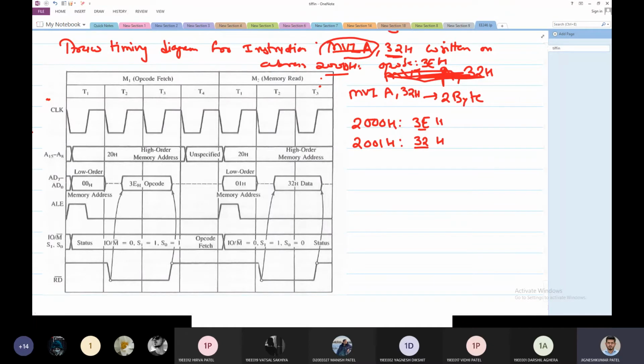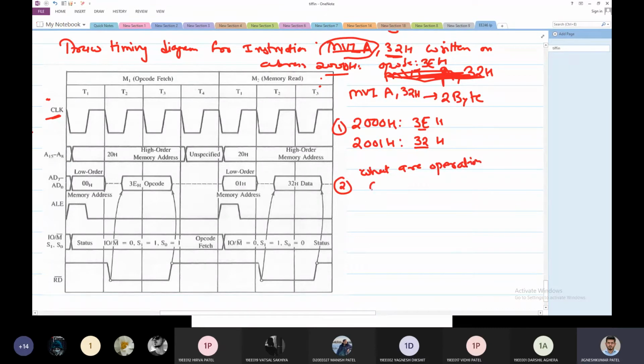Now how to draw this diagram? First of all, start with the clock and draw the clock. Now how to decide how many clocks I have to draw? To decide that, you need a second set of information. The first information, address and data, is done. The second set of information is what operations are performed to execute this instruction.